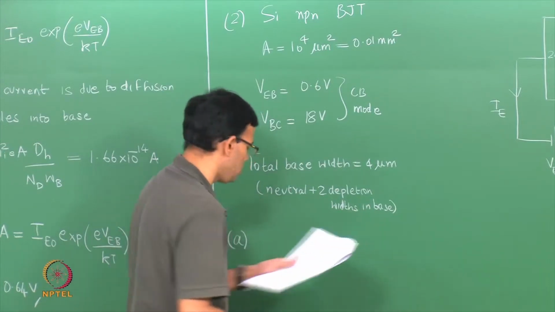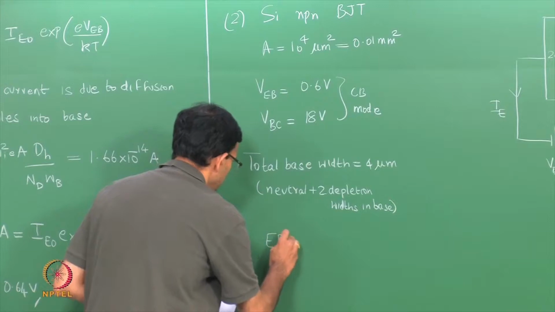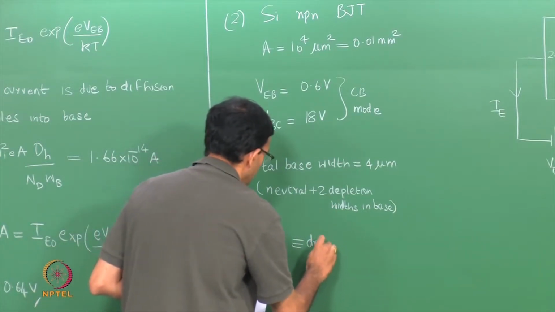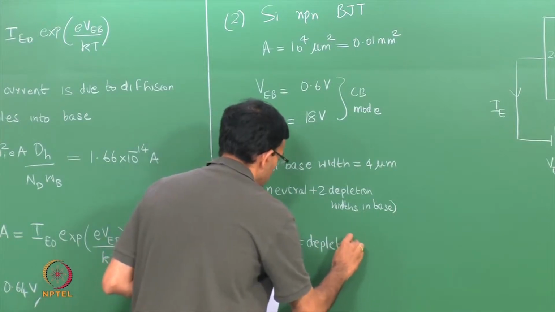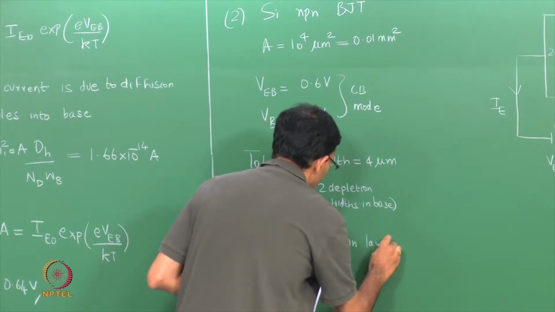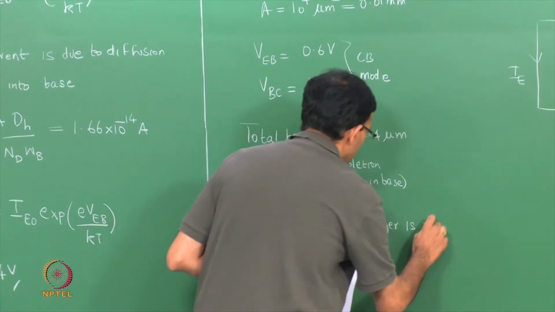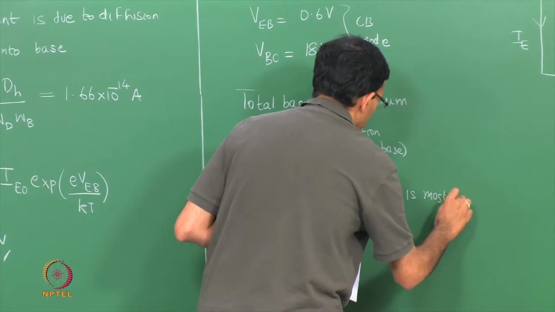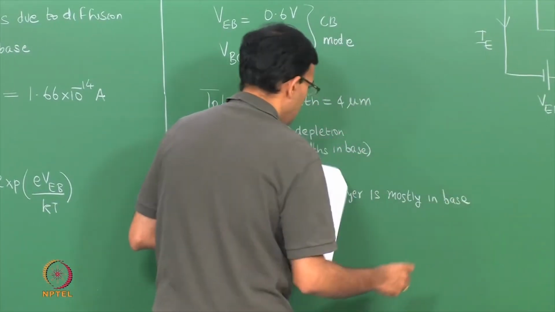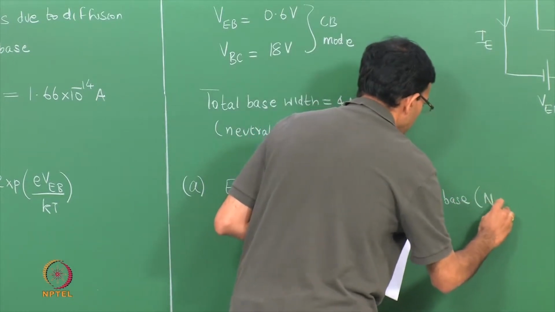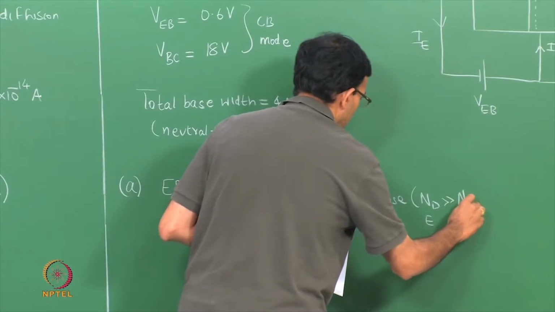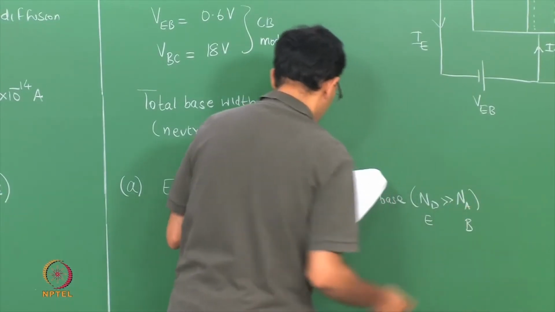So, let us look at the emitter base, EB. Here the depletion width is fully in the base, and this is because ND in the emitter is much greater than NA in the base.